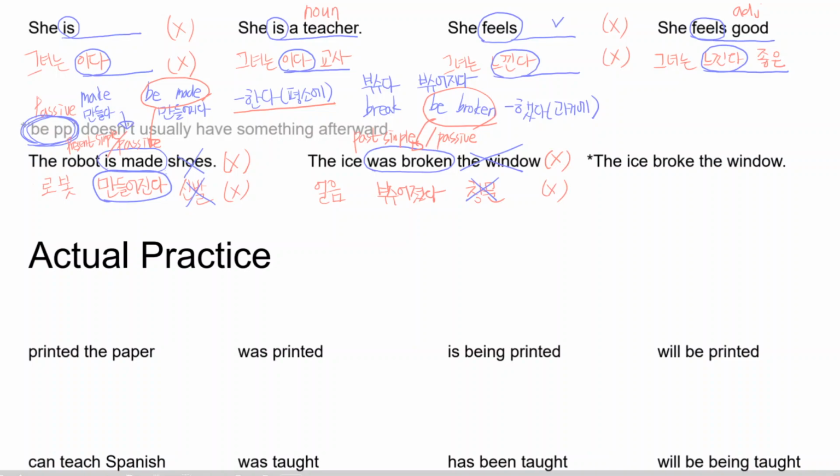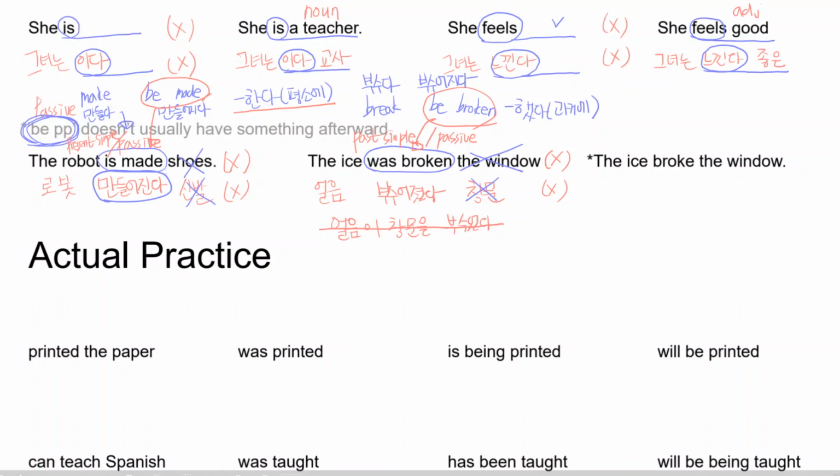So this is a wrong sentence. Do you remember how we first translated this sentence? We translated it like this: 얼음이 창문을 부수었다. This is a wrong translation. Do you see it? Right?